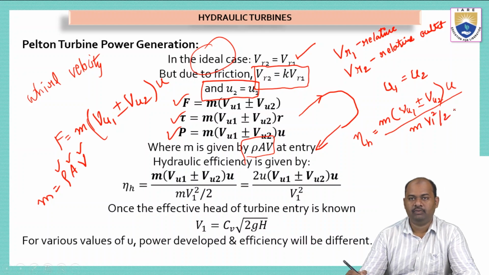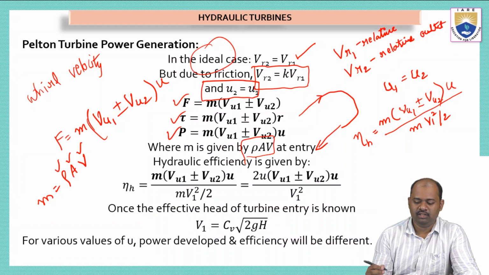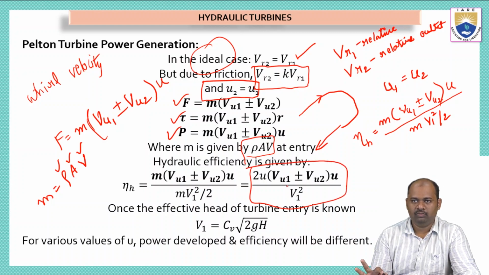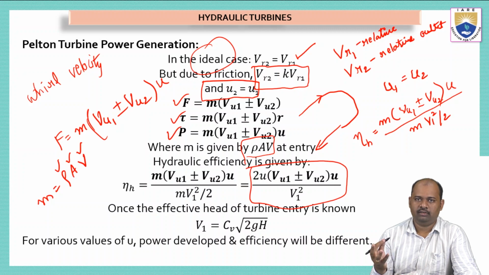This is half mv square, that is the kinetic energy available at the jet. Upon simplification, we get this formula: 2 times u times (VU1 plus or minus VU2), divided by the velocity of the jet square.